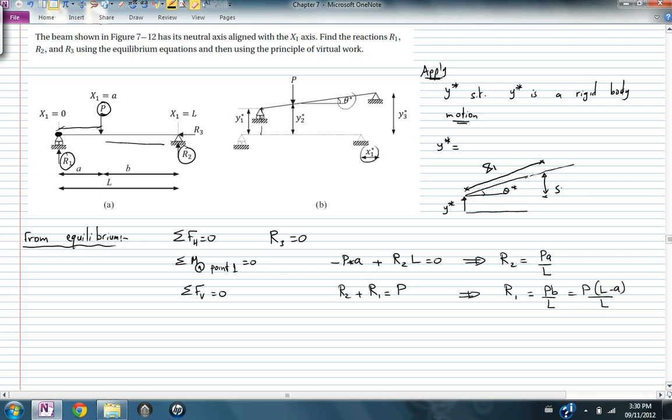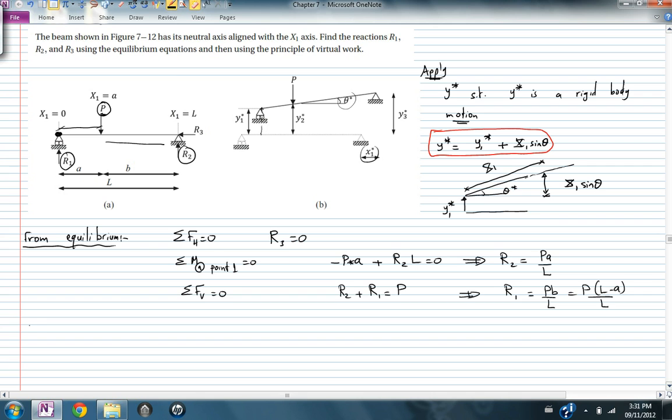And so this distance is x1 sine theta. So y star is equal to y1 star plus x1 sine theta. So this is the virtual displacement, the virtual vertical displacement applied to the beam.